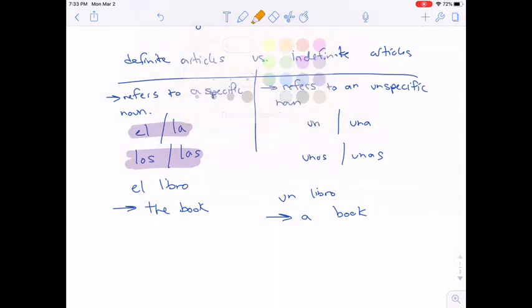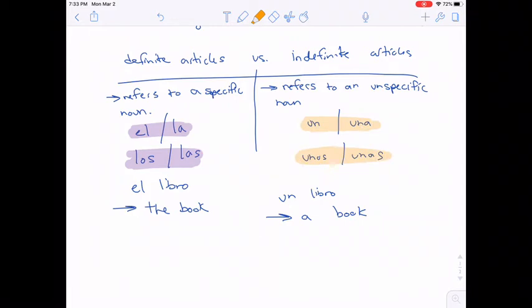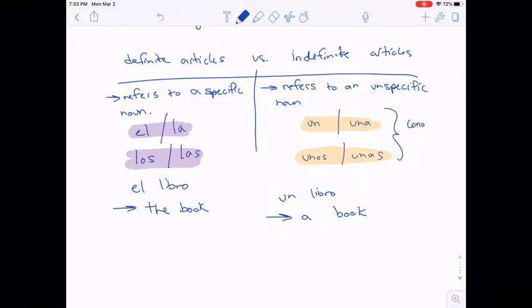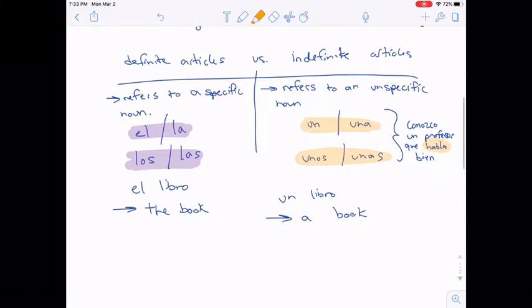However, un and una, unos and unas, it's not always going to be hypothetical and subjunctive because you can define an unspecific article. Now, I could say, for instance, conozco un profesor que habla bien. Is that in the subjunctive or the indicative? Habla. It's in the indicative. Exactly. So I just defined the indefinite article.